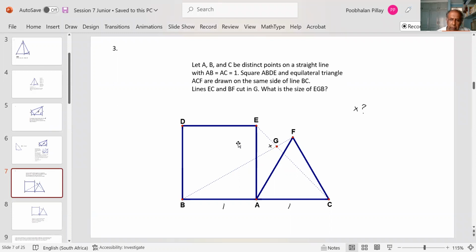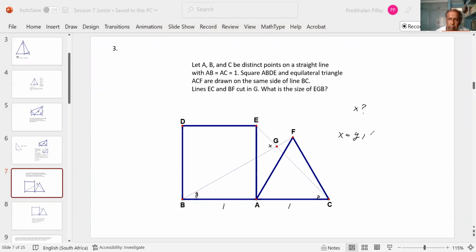X is equal to the sum of two angles, which we can call Y and Z. So X is equal to Y plus Z, and in brackets you will put exterior angle theorem.